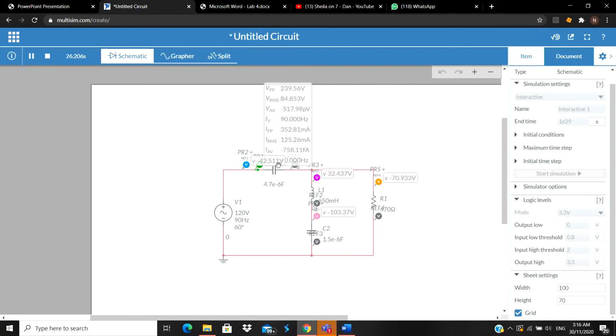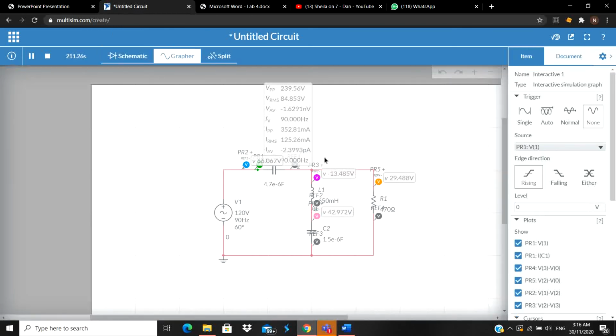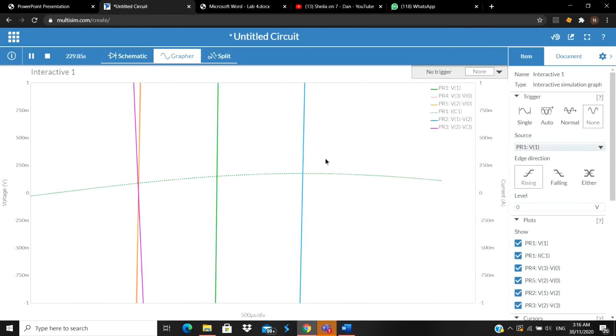So the simulation is showing every voltage across each component that we decided to measure. So for the first capacitor, this is the value. For the inductance, this is the value. Second capacitor and the resistor. So for the graph for each component, this is how it looks.